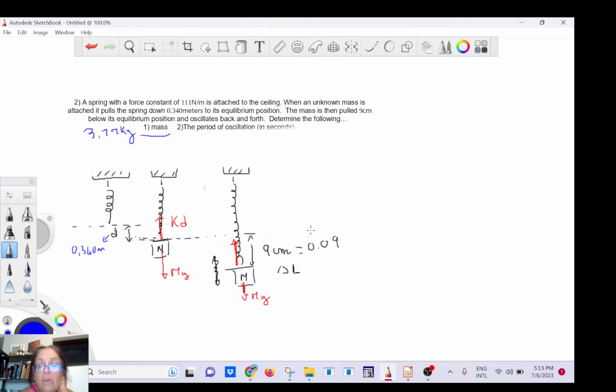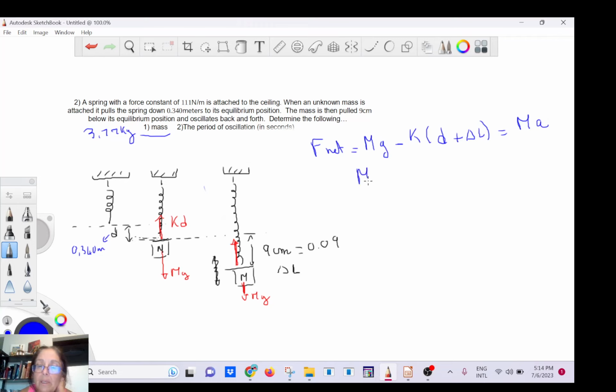If you look at the net force here, it's going to be the weight, mg, minus k times the stretch, which is d, plus that delta L, the 9 centimeters, and that's going to be equal to ma. So there is a net force, so there will be an acceleration.